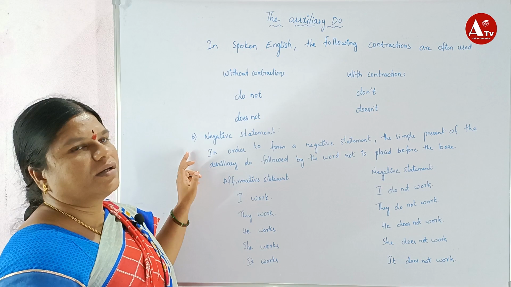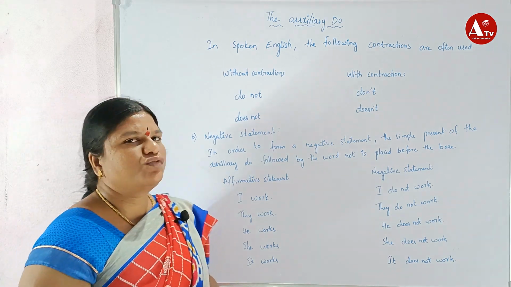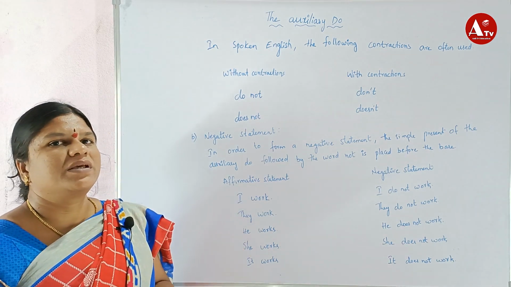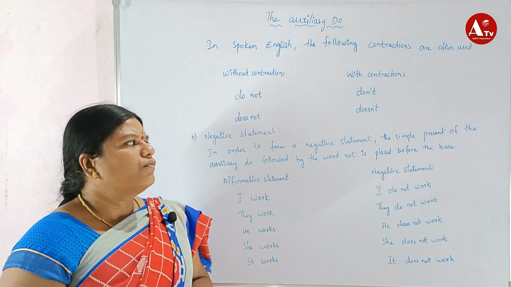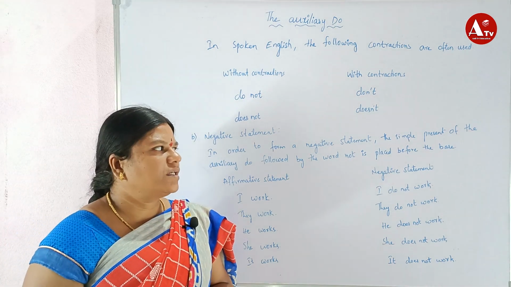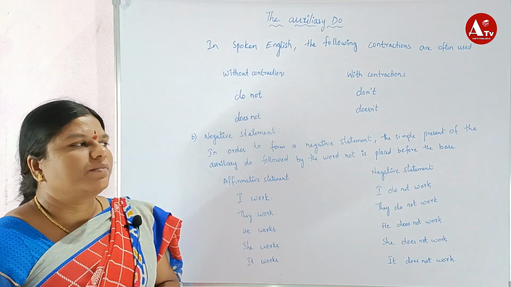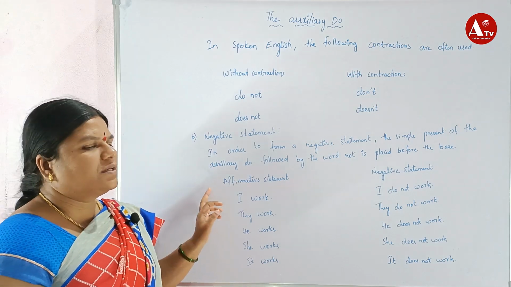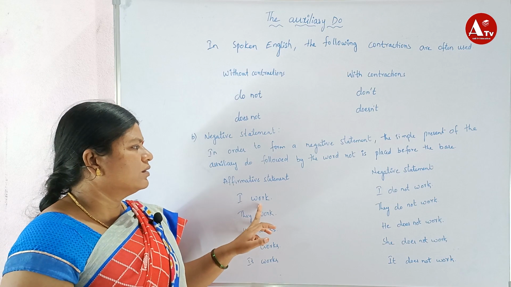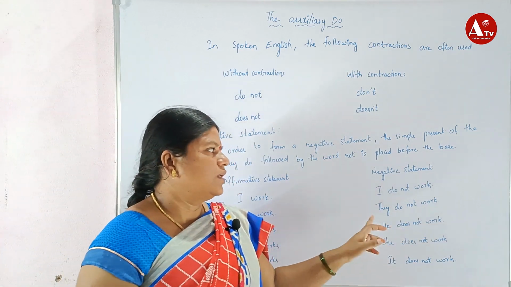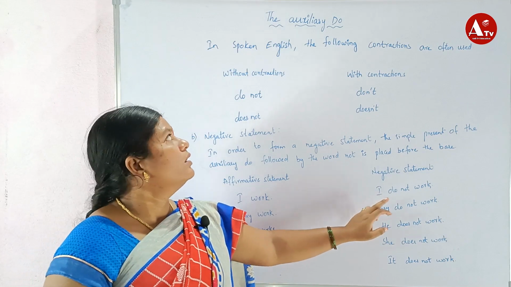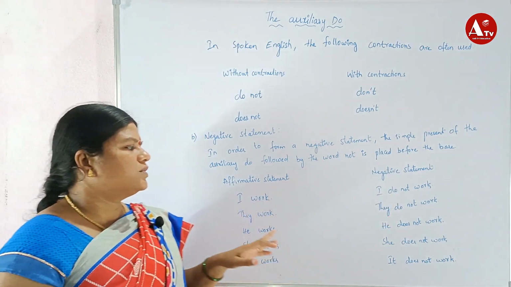Negative statements. In order to form a negative statement, the simple present of the auxiliary do followed by the word not is placed before the base verb. Affirmative sentence: I work. I do not work. Here the form without contraction has been used.